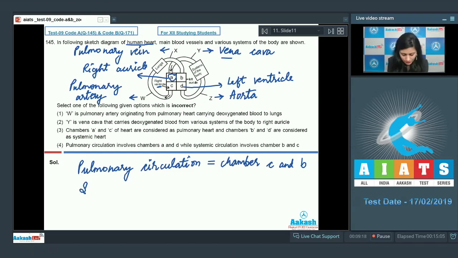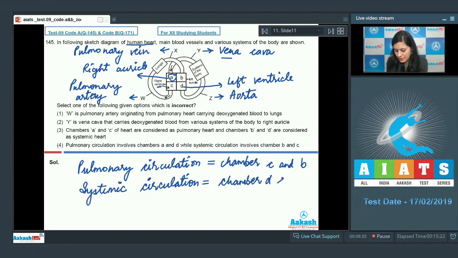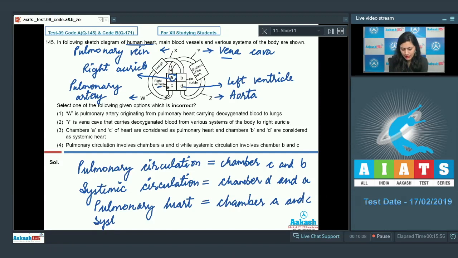And this represents systemic circulation, which involves chamber D and A. Also, chamber A and C, that is right auricle and right ventricle, represent pulmonary heart, whereas systemic heart involves chamber B and chamber D.